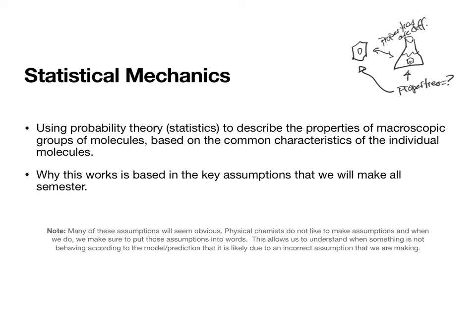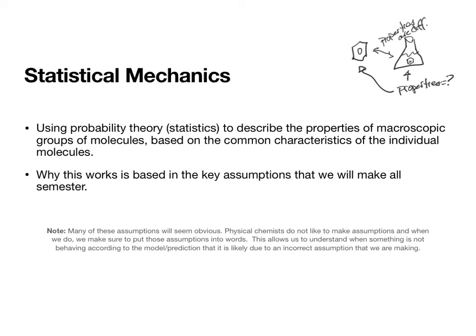And why this works, and why we can do this, is based on some of the key assumptions that we are going to make. Now, think about assumptions. Many of these assumptions that we're going to talk about will seem very obvious. Physical chemists, we hate making assumptions. We don't want to do it.